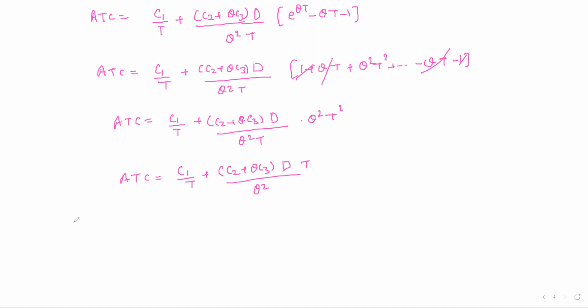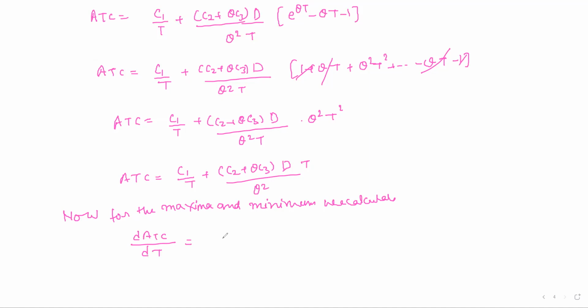So now for the maxima and minima, we calculate d of ATC upon dt, meaning we differentiate this with respect to t.